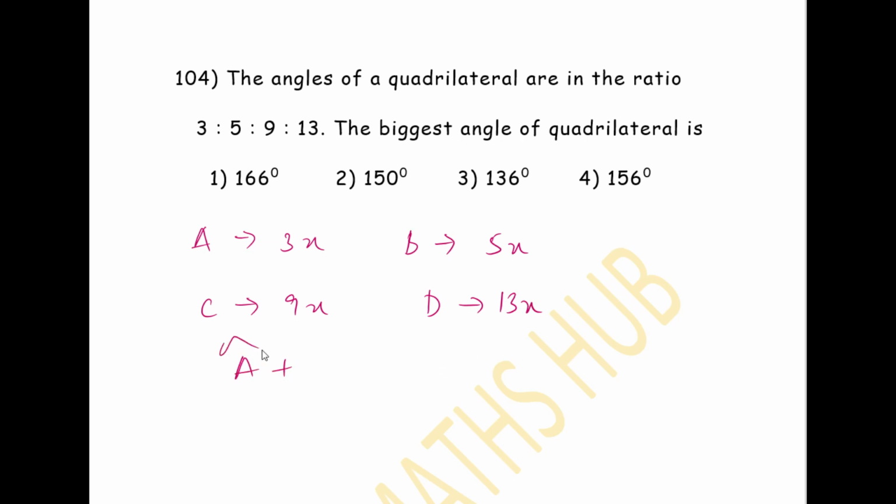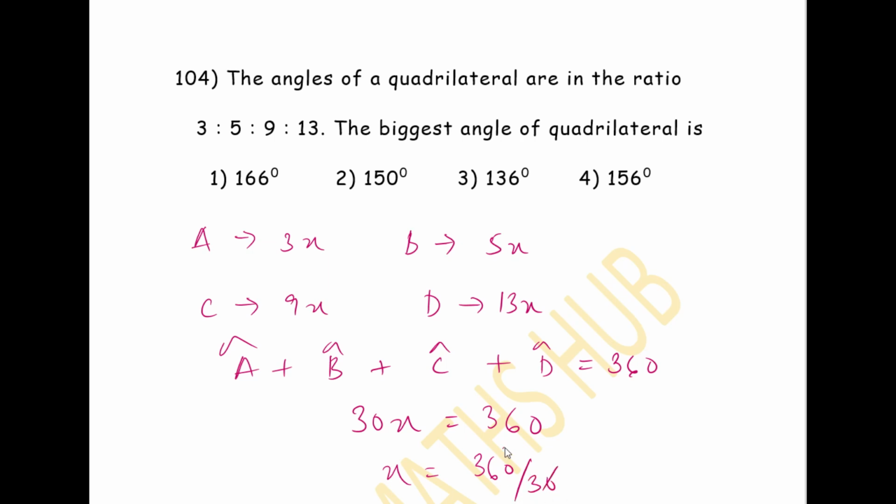Now angle A plus angle B plus angle C plus angle D equals 360 degree. That is 3x plus 5x is 8x, 8x plus 9x is 17x, 17x plus 13x is 30x. Therefore 30x equals 360 degree. x equals 360 divided by 30.